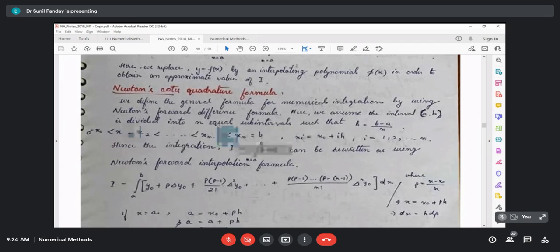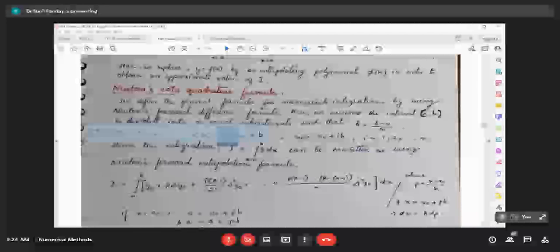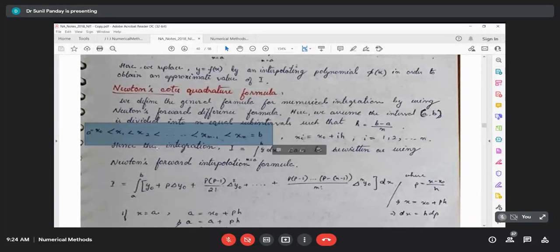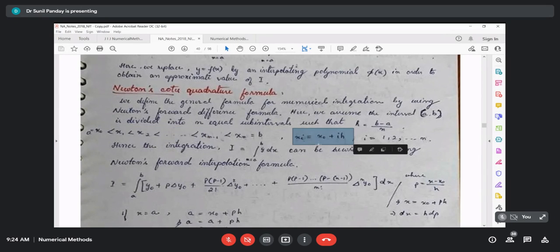So we have subdivided the given interval ab into n subintervals. And how do we choose these x1, x2, xn? According to the equally spaced relation, xi equals x naught plus ih.